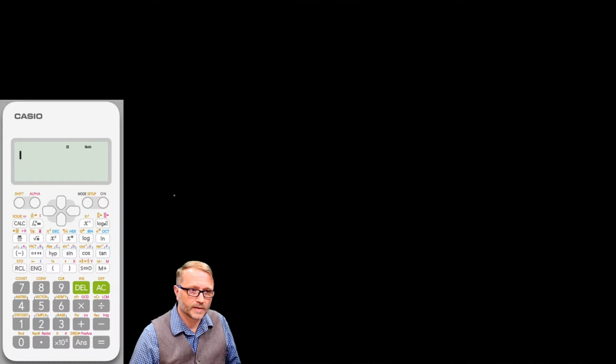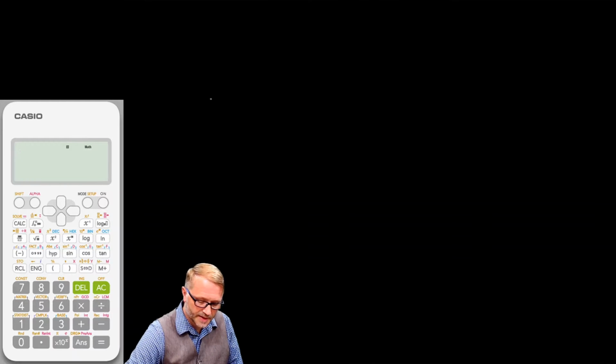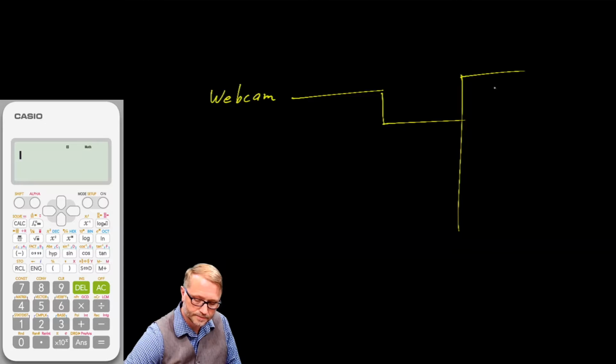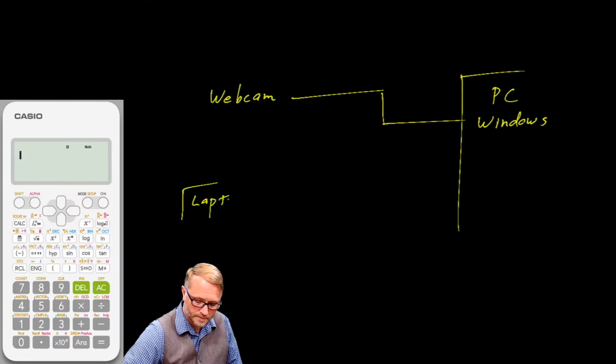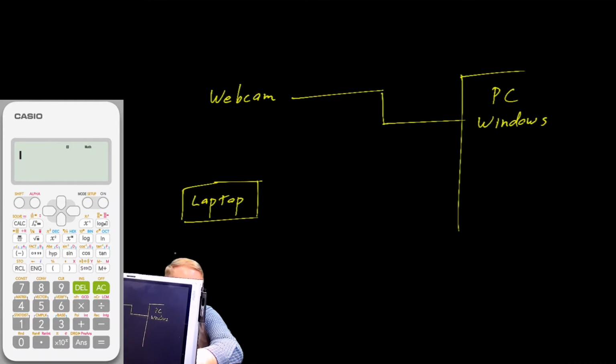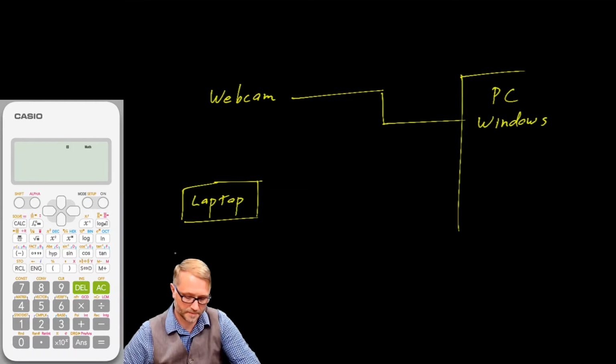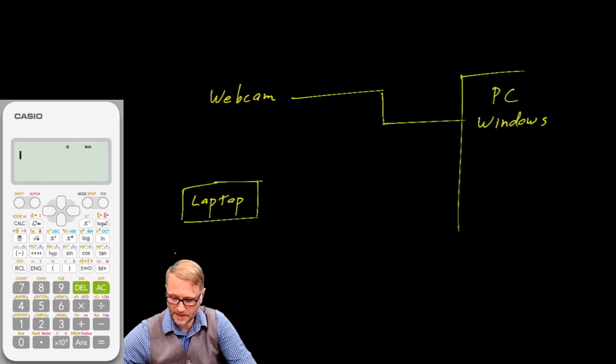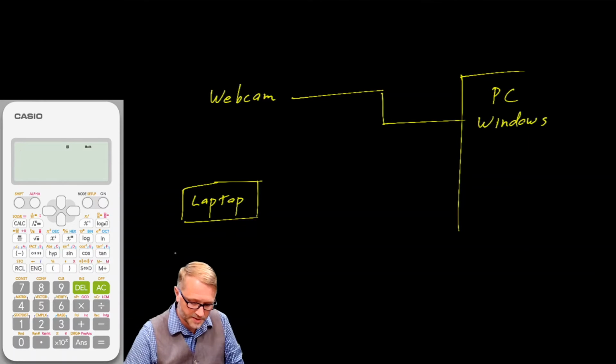In block diagram form, it looks something like this. There's a webcam that's fed to the main PC, and that's running Windows. There's the laptop. That's the one I'm writing on now. I can hold it up like so. So that's this one here. And that laptop has to go through a couple of converters.